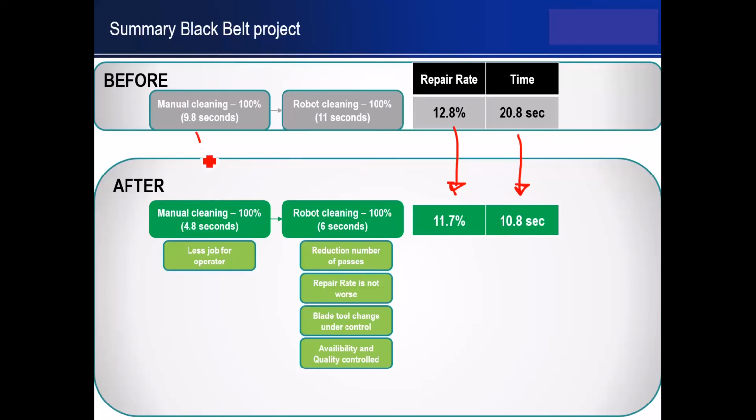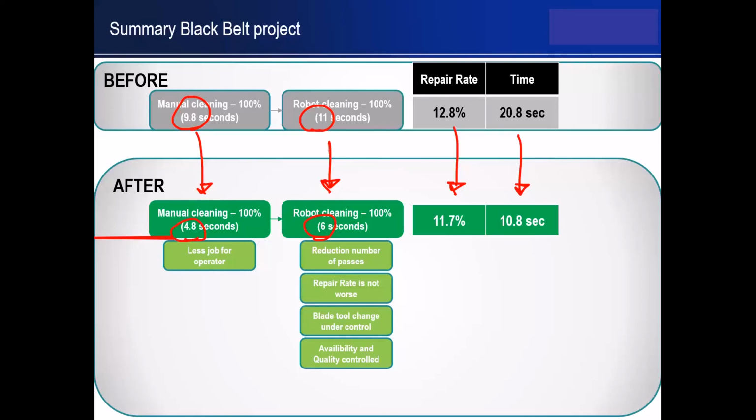She's improved the manual cleaning, look, because she learned that she didn't have to clean the parts quite so vigorously. She's halved the cleaning time, and she's halved the robot cleaning time. So she's not doing anything better necessarily. She's doing the same tasks to the same quality, just faster.